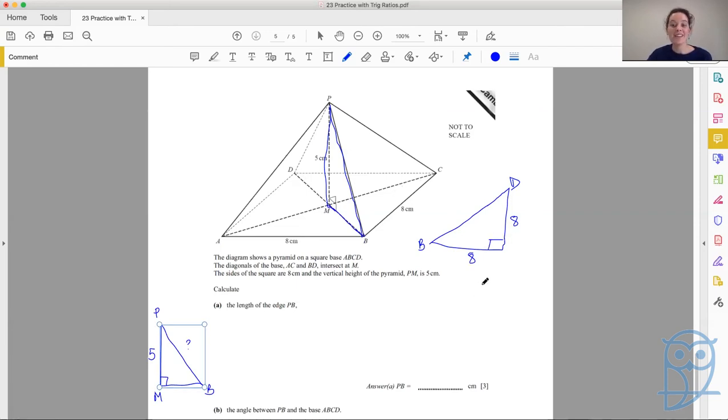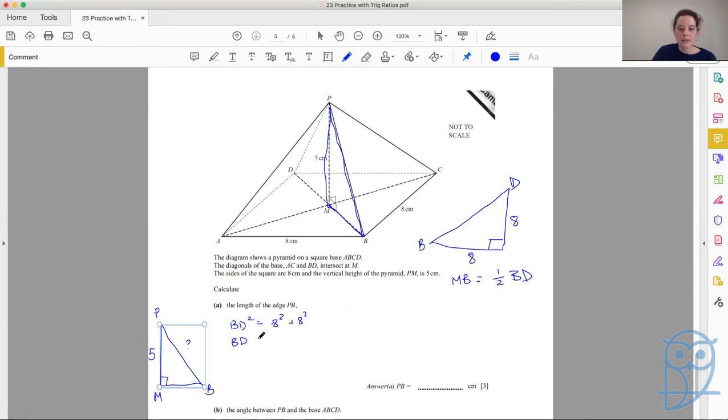We have a right angle here, because now we're looking at the bottom of that pyramid, and look what we've got. Working with 3 sides, Pythagoras. So, MB equals 1/2 BD. And we know that BD squared is going to equal 8 squared plus 8 squared, Pythagoras.